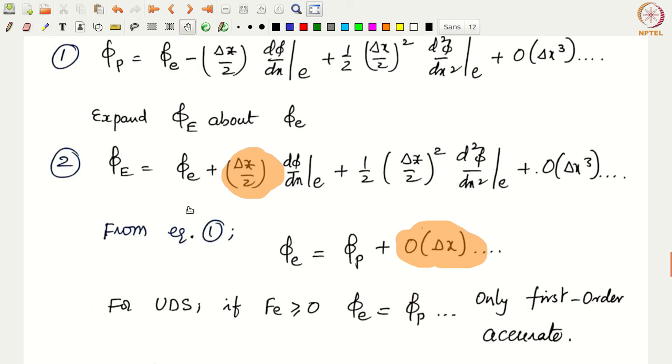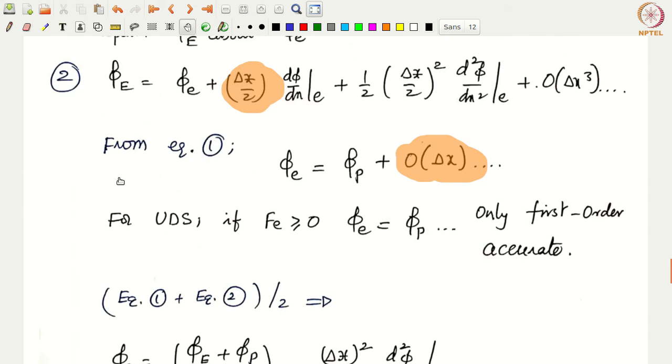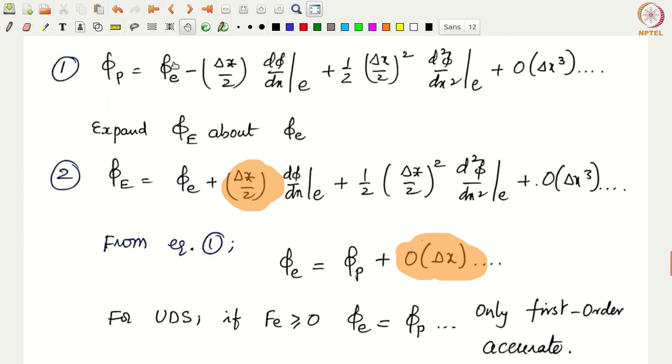Then what about the central difference scheme? In the central difference scheme, we are saying phi little e equals phi P plus phi E by 2. Let us add these two equations and divide by 2. That means add equation 1 and equation 2 divided by 2. Then phi east equals phi E plus phi P by 2, and there is a 2 times phi e by 2, so this will be phi little e.